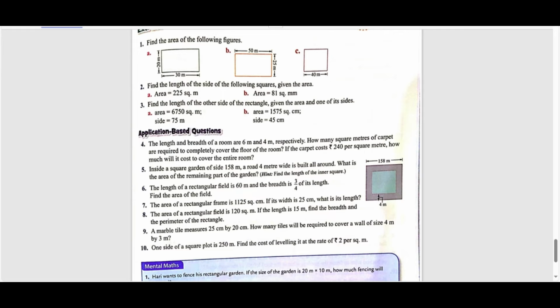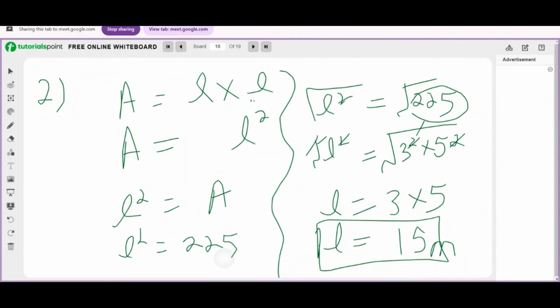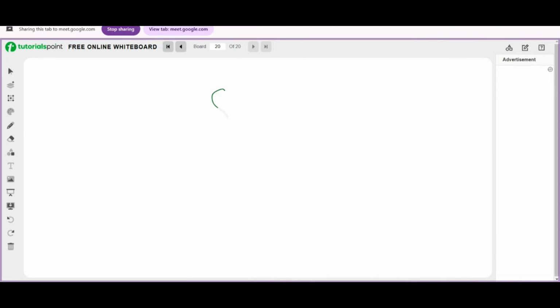4 times 3 multiplied by 3, 3 threes are 9. 3 threes are 9. 9 nines are 81. Yes, 81 has a prime factorization.